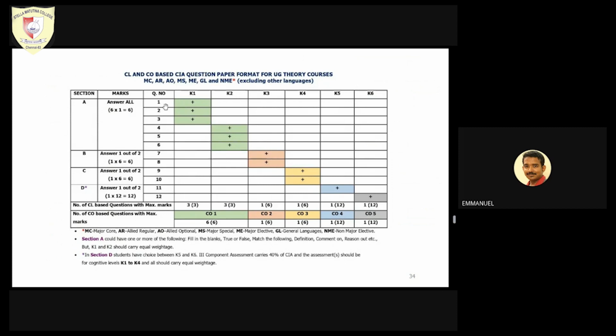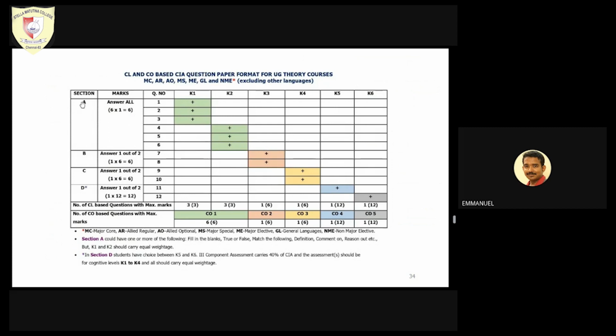We have divided the entire question paper, whether it is a CIA question paper or a semester question paper, into 4 sections after getting opinions from various experts in various departments. Initially we had 5 sections catering to different levels: CO1, CO2, CO3, CO4, CO5. Instead of having so many sections, ultimately everybody came to a conclusion to have 4 sections.